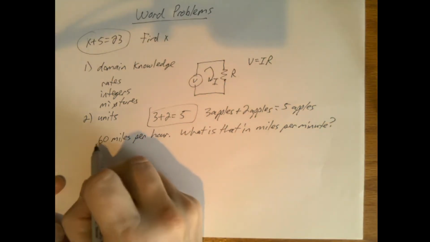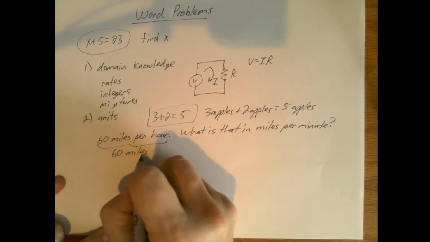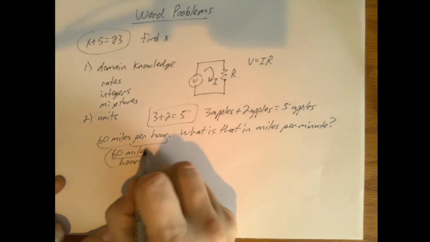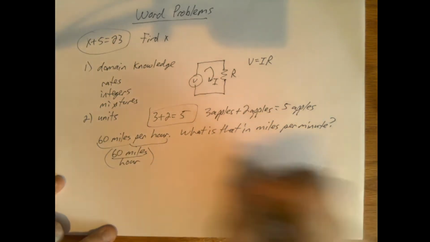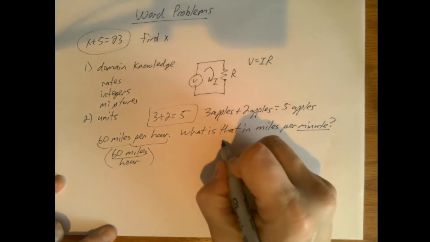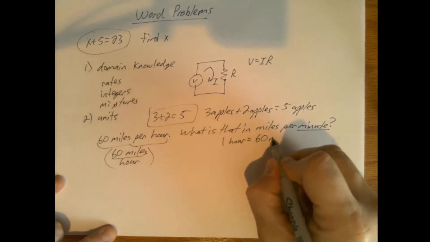Right? Start with this. Normally we write like this, 60 miles per hour. Okay? And then if I need to convert, what do I do? Well, I know, and I'm trying to go from hours to minutes, I know 1 hour equals 60 minutes.